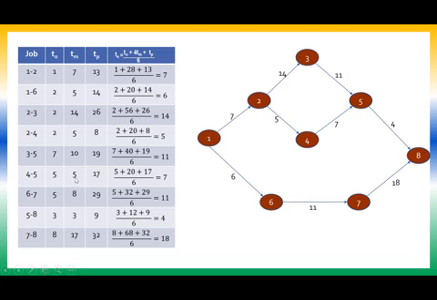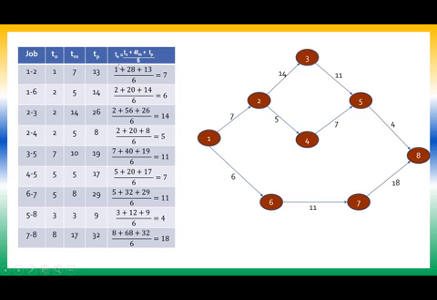Then 5 plus 5 fours are 20, plus 17, divided by 6, I get 7. 5 plus 8 fours are 32, plus 29, divided by 6, I get 11. 3 plus 3 fours are 12, plus 9, divided by 6, I get 4. Then 8 plus 17 fours are 68, plus 32, divided by 6, I get 18.